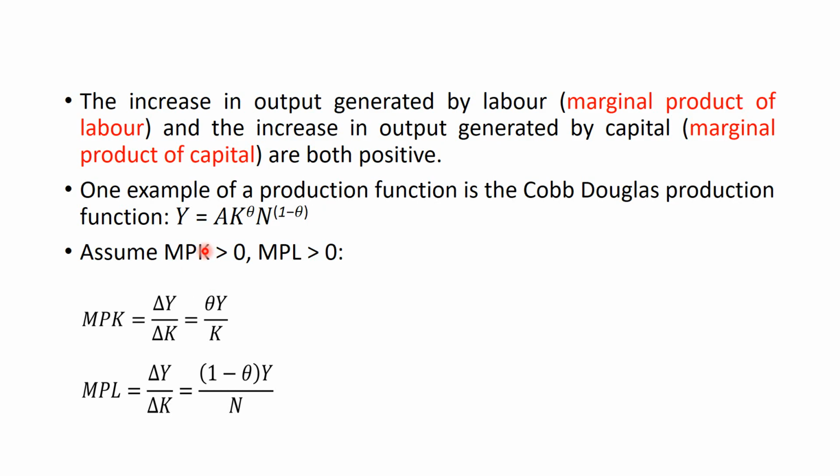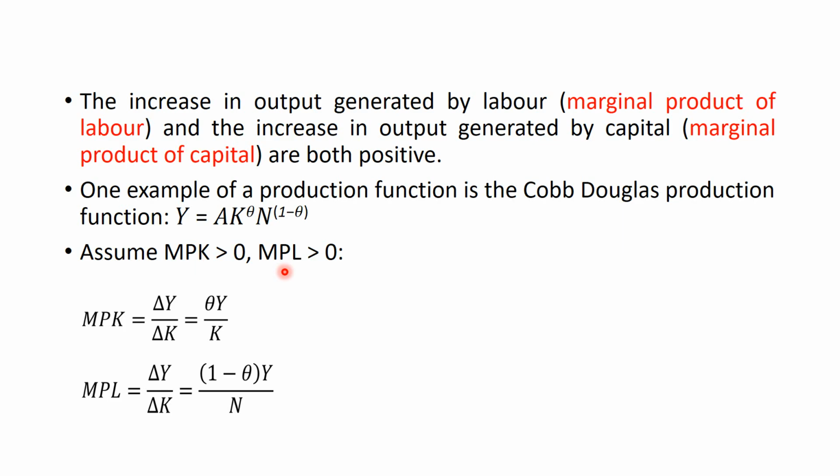Alright, what we want to do then is try and use this Cobb-Douglas production function to work out what the marginal products of labor and the marginal products of capital are. What we are going to assume is that the marginal product of capital and the marginal product of labor are both positive.